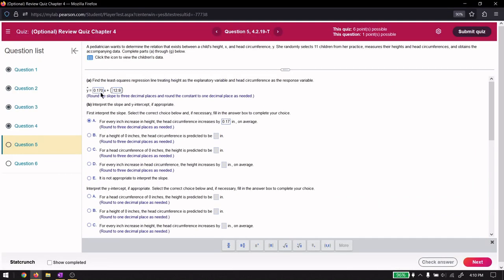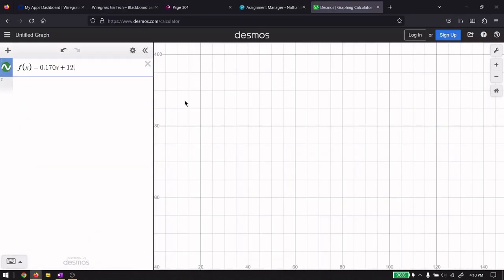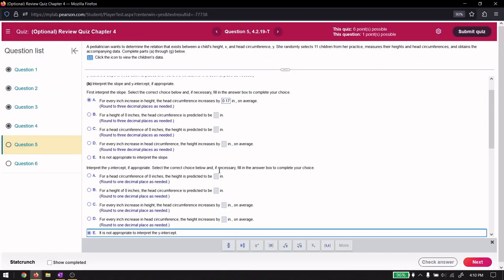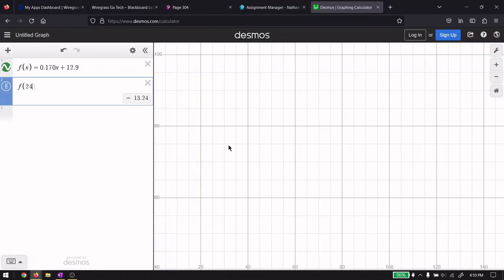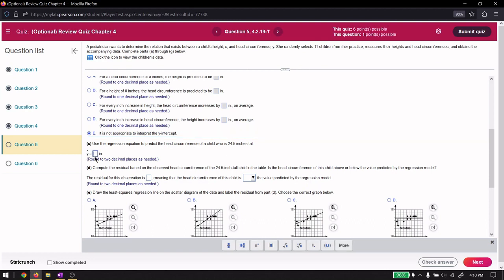It was 12.9. Then all I have to do is plug in the value that we want. The value is 24.5. And so it's saying that our head circumference should be 17.065, which rounds to 17.07.